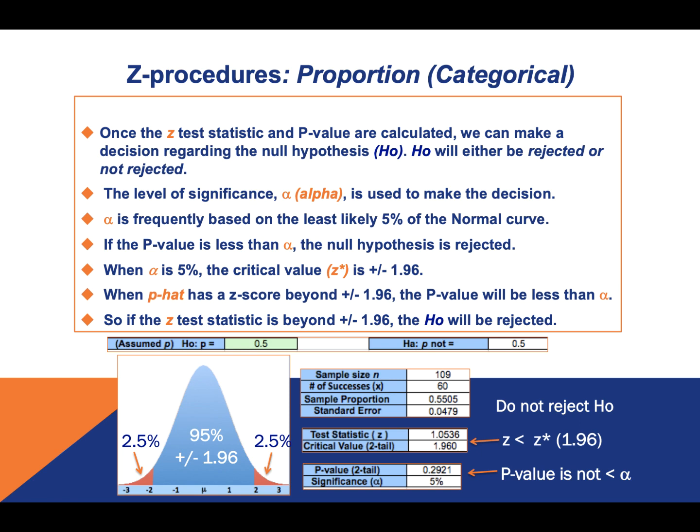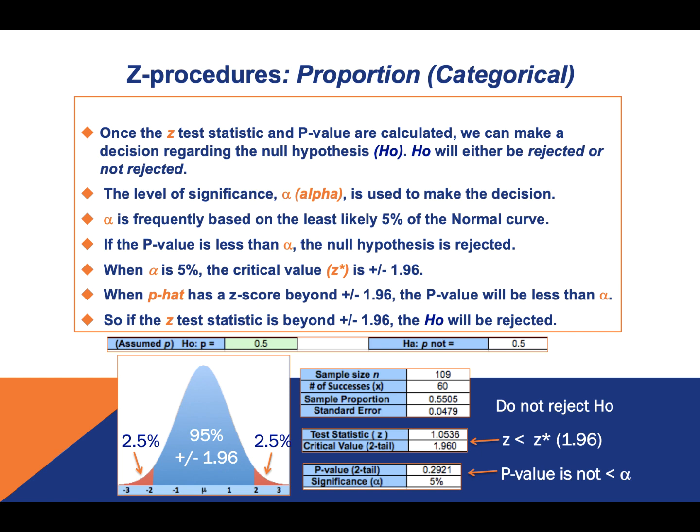Our null will either be rejected or not rejected. The level of significance alpha helps us make a decision. Alpha represents what we call a rejection region on our sampling distribution and is often based on our familiar 5%. If the p-value is less than alpha, the null hypothesis is always rejected.